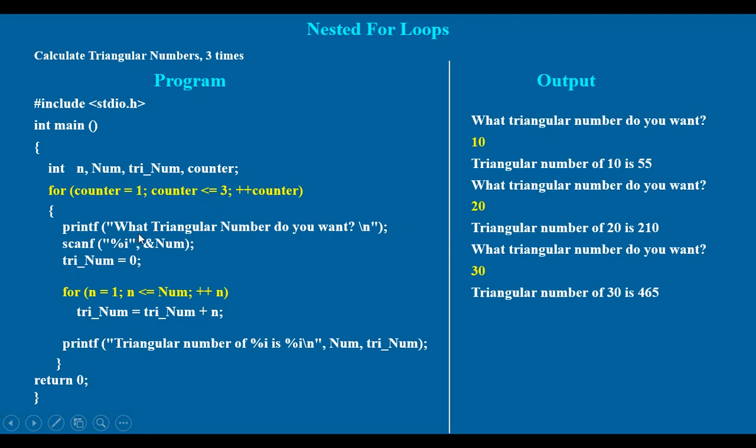It has not entered the loop here. So that's how the nested for loop works, in the sense that within a for loop we have another for loop. We call this nested for loops. Now another example, we can use it for 5 times, right? Calculate the triangular number for 5 numbers.